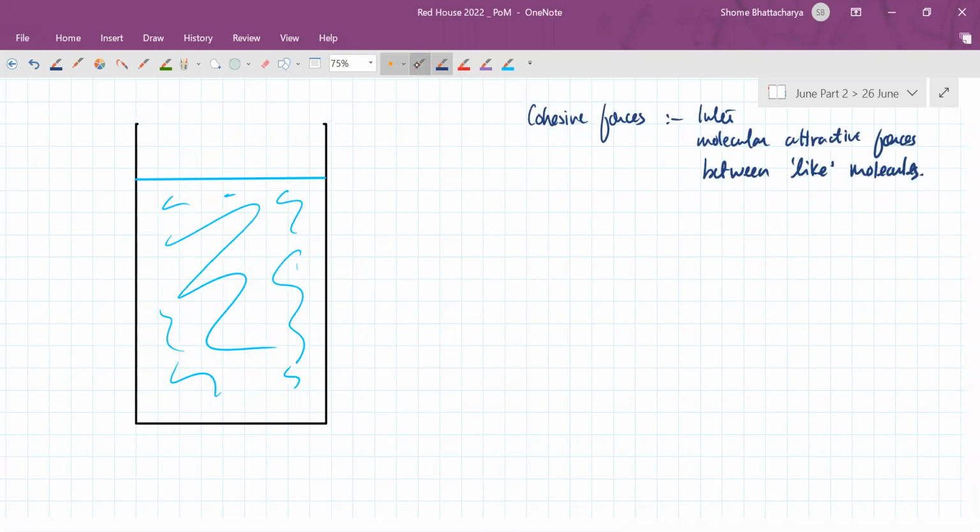So now if you visualize a water molecule at the surface, it is experiencing cohesive forces in this sort of direction. Whereas if you visualize a water molecule inside the body of the liquid, it's experiencing cohesive forces in all directions. So this difference creates the property of surface tension.